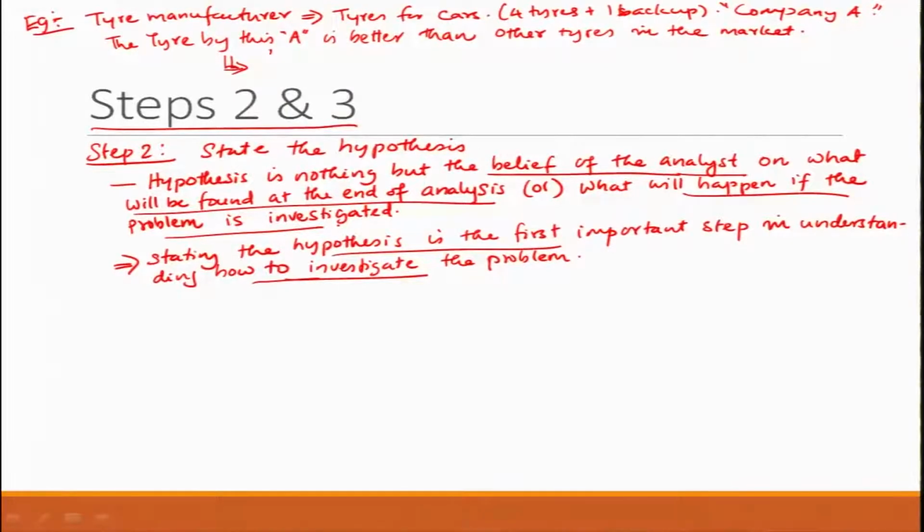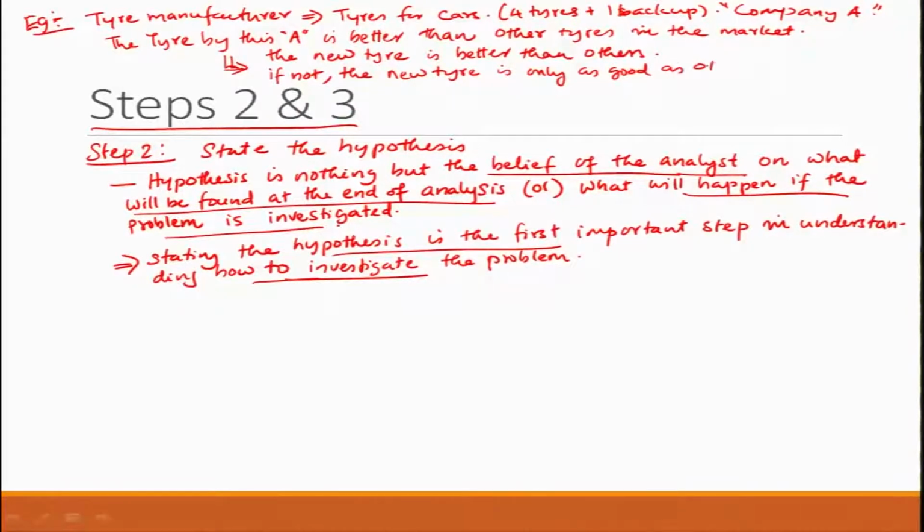So you can say that the new tire is better than others. That is one option. The other way to think about it is, if not, the new tire is only as good as others in the market.